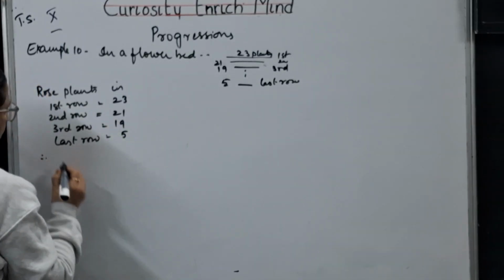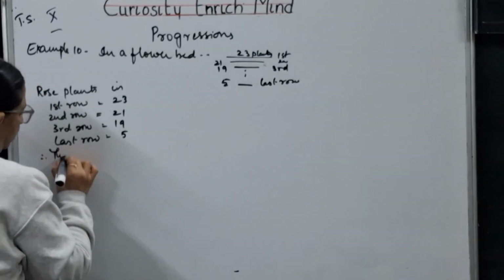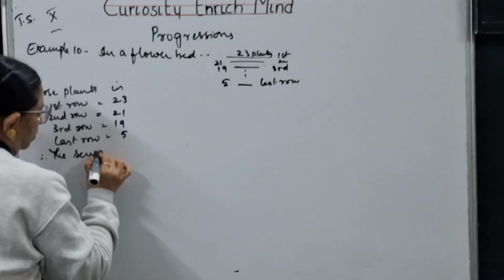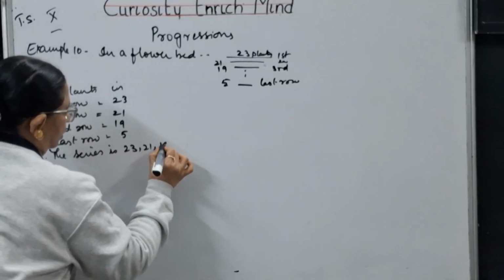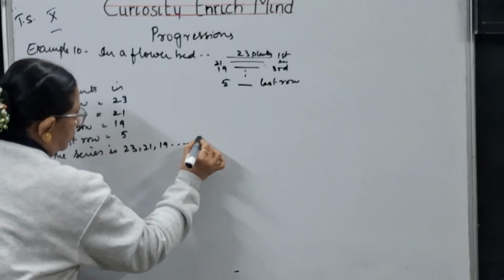That means what? Therefore the series is 23, 21, 19, and so on up to 5.